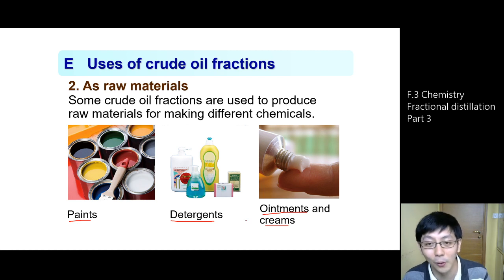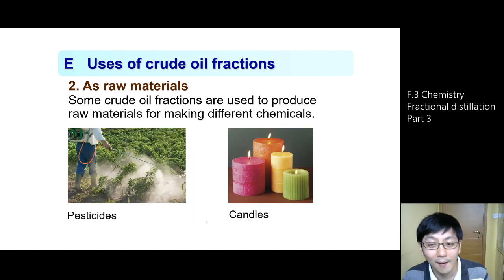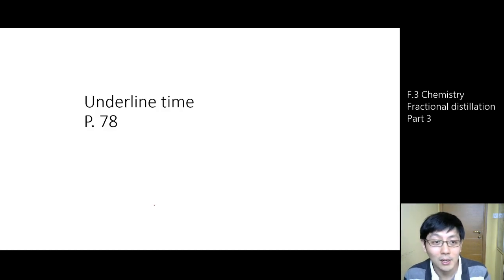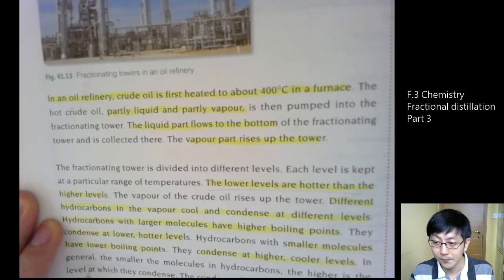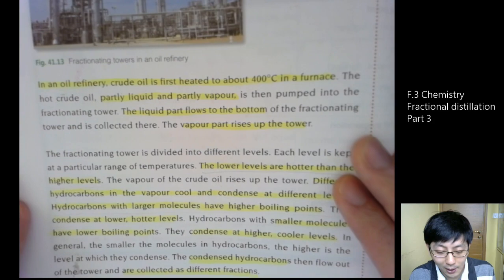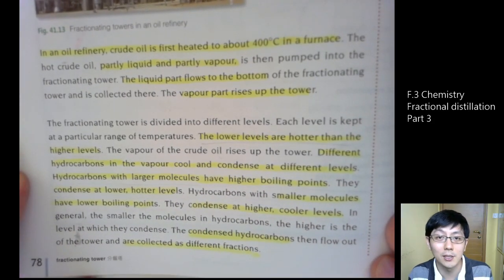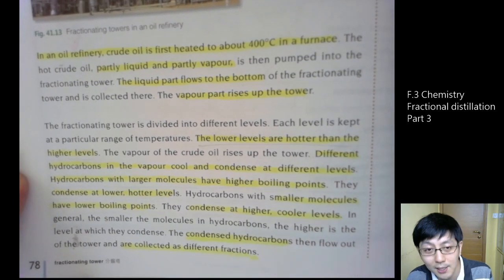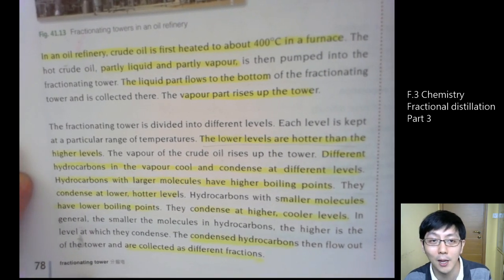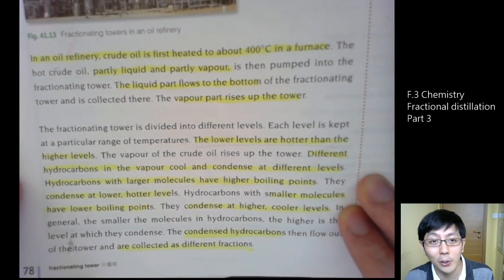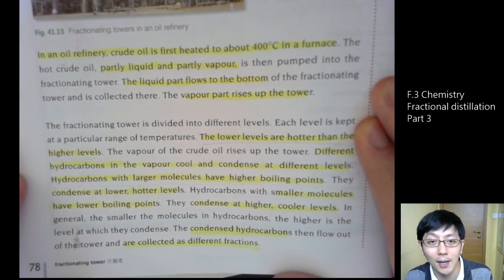Alright, so I want you to take out the textbook and go to page 78 for some underlining here。好，我轉一轉畫面先。Okay, for page 78, I want you to underline these parts。咁頭先講嗰啲 fractional distillation 咁複雜，考試點寫啊？呢啲就係我要你識嘅嘢啦，我 Form 3 level 要你識嘅嘢。So the oil refinery is actually the summary for today's video.